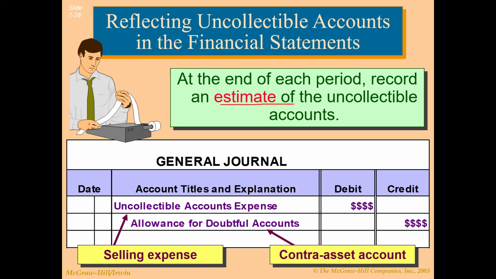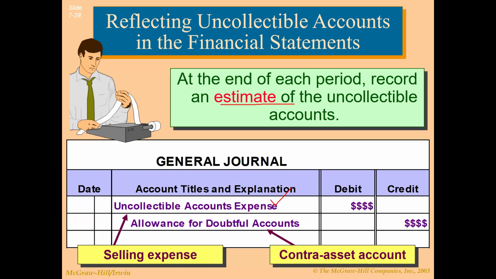It is not the correct figure, and later on, you will have to make adjustments as well. It is called uncollectible accounts expense, which is the amount that you will not be able to get back. And we credit the allowance for doubtful accounts.